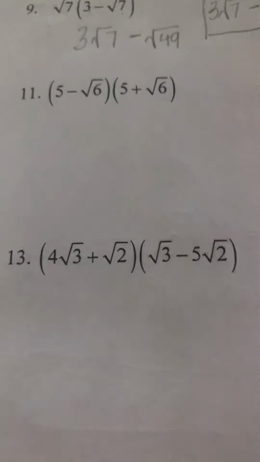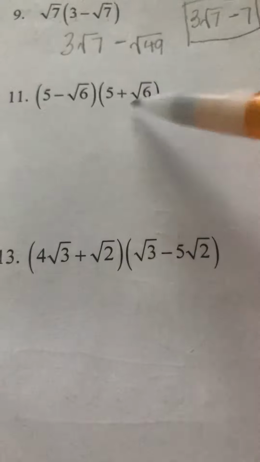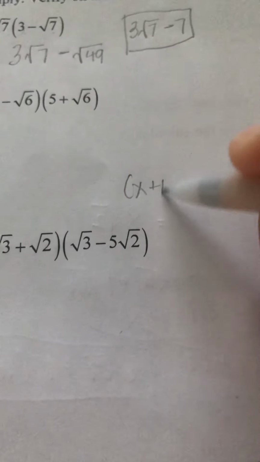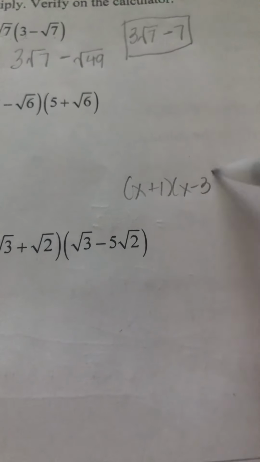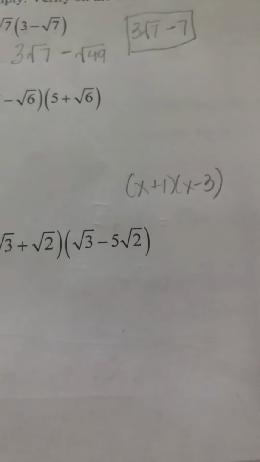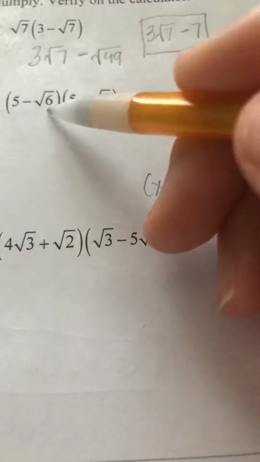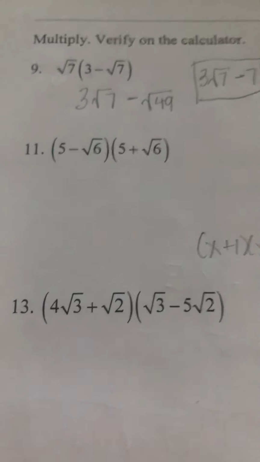Aha, so this is a binomial times a binomial. So how do you do that? Okay, it's very similar to how you do this. Okay, you FOIL. It's a binomial times a binomial. 2 terms, 2 terms. Remember, the terms are separated by the pluses and minuses.